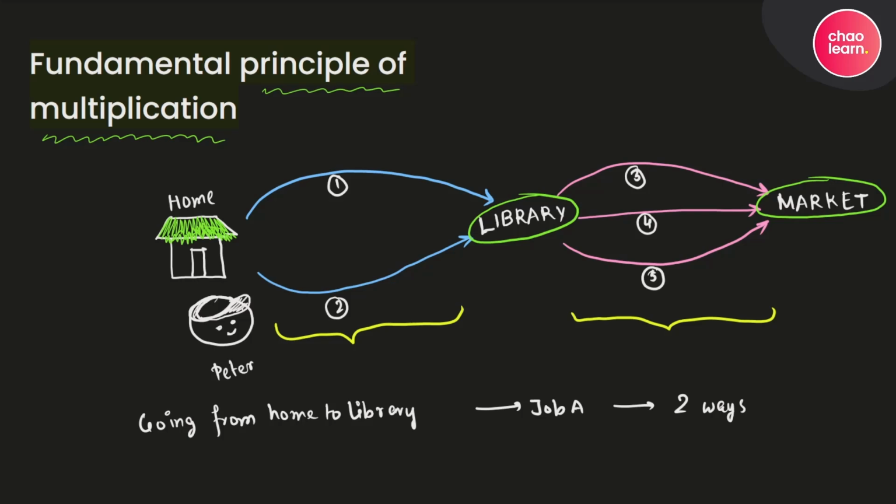And there's another job which is going from library to market. Let us name it as job B, which could be done in three ways. Now let us tabulate all the possible cases in which Peter could reach the market.